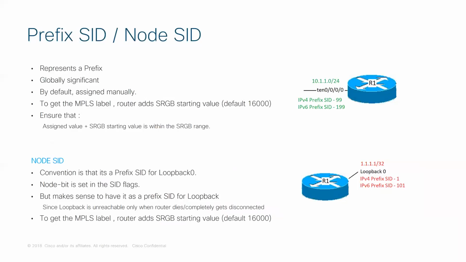In OSPF you have OSPFv2 and OSPFv3 as separate protocols for v4 and v6. But when it comes to ISIS, you have separate topologies, multi-topology, so per topology assign one SID. That's a best practice.